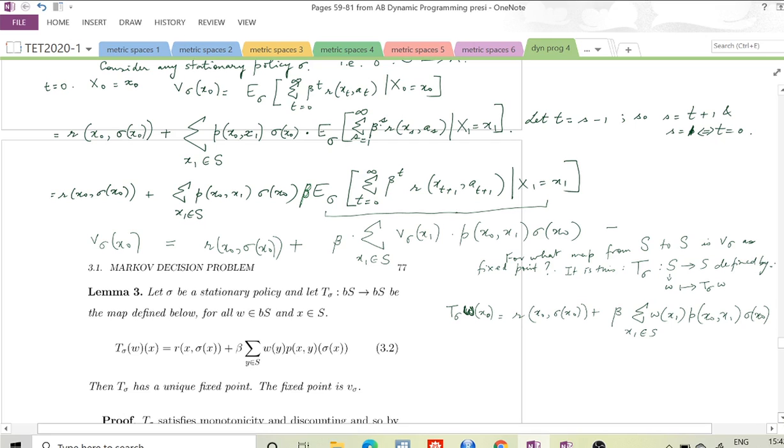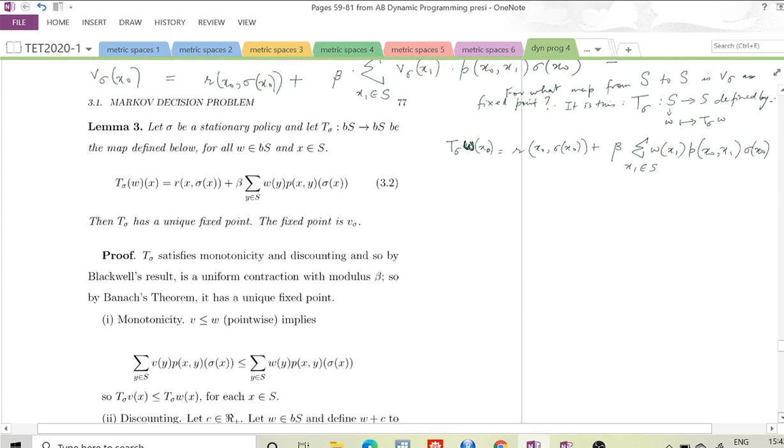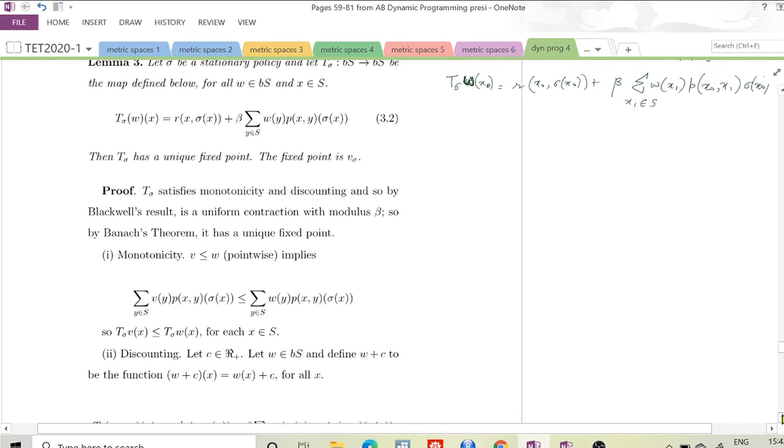Because this part is very easy, I'm going to mostly skip it by saying that, look, the way to show that T sigma has a unique fixed point is to show that it's a uniform contraction because it satisfies Blackwell's conditions. Okay, it's a uniform contraction with modulus beta. So first, it satisfies monotonicity. Suppose you take two functions v and w such that v is less than or equal to w at each x, right?